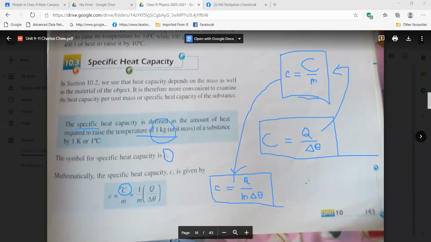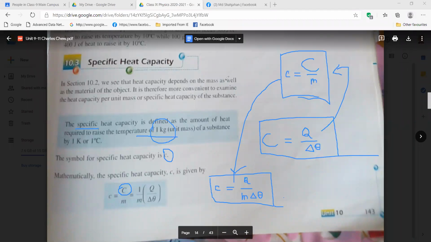Aisha, Adnan Rahim, you understood? So now you tell me what is the difference between specific heat capacity and heat capacity, Adnan Rahim. Sir, their formula is different, but I forgot the formula. But the formula is in front of you. Which one is for specific heat capacity and which one is for heat capacity?